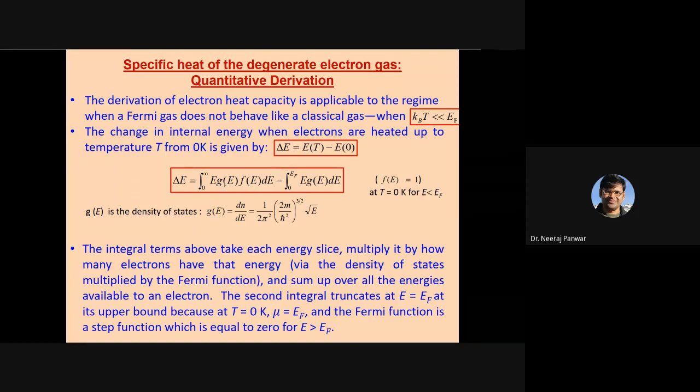Now we can write what E at temperature T is. If we multiply the density of states with the Fermi-Dirac distribution function, we get the number of electrons per unit volume.